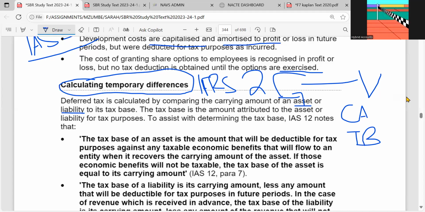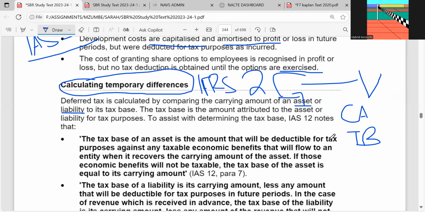The tax base is also a carrying amount, but we focus on tax purposes. If something is not allowed for tax purposes, you don't include it. If it's allowed, you include it, right? So that's why I'm telling you, instead of saying assets separately and liabilities separately, you could say net assets.